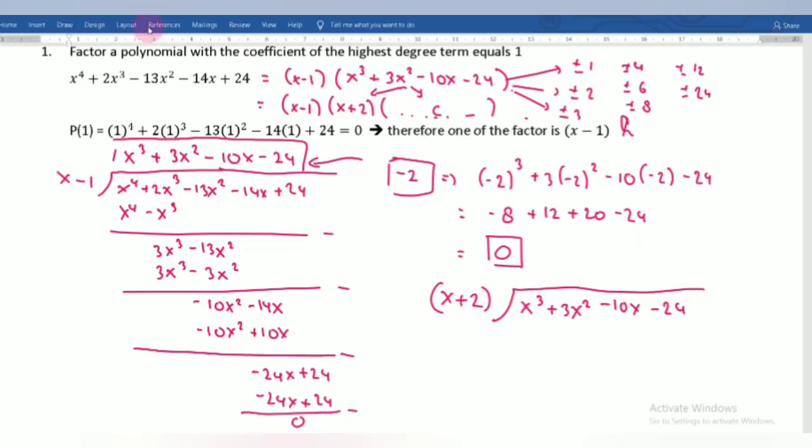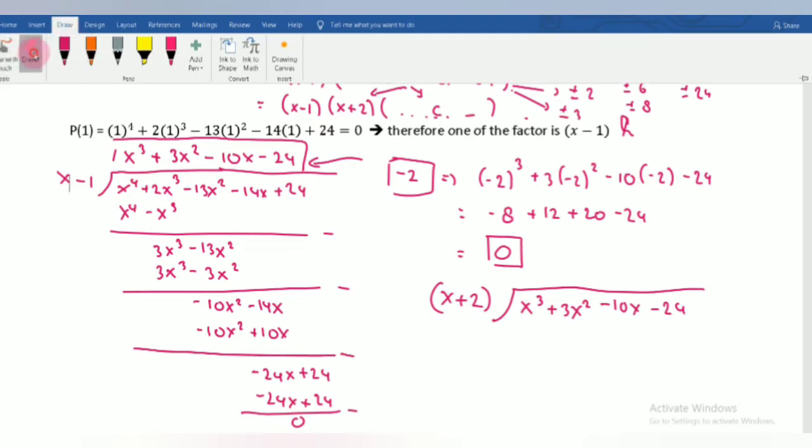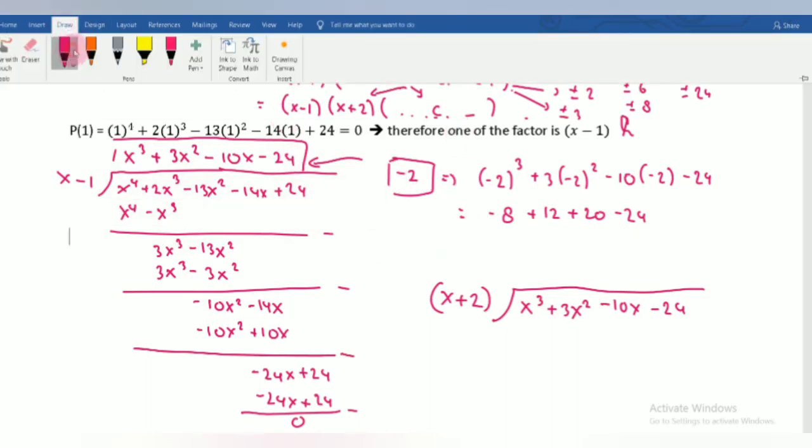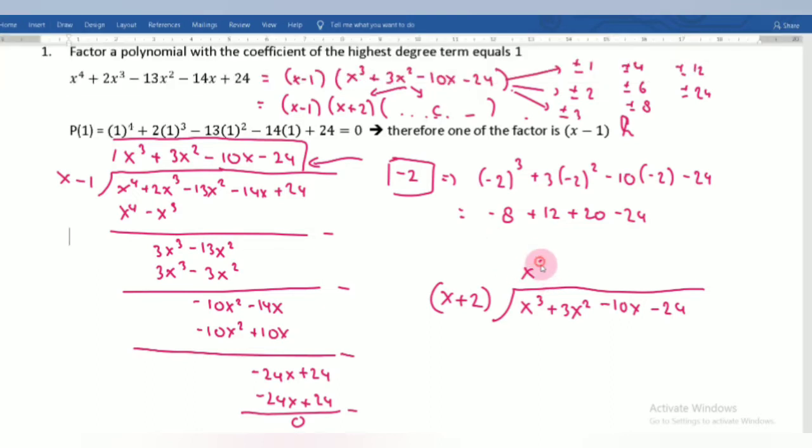So let me just erase this. Sorry about that. So x squared: x cubed plus 2x squared. Then the next term is x squared minus 10x, so it is plus x, I'm sorry, it's x squared plus 2x.